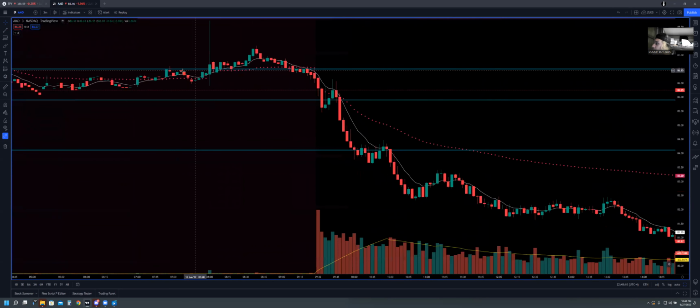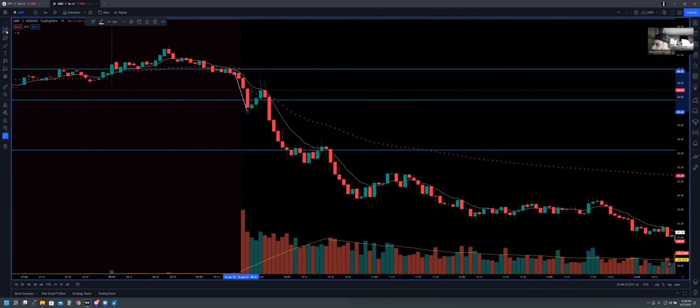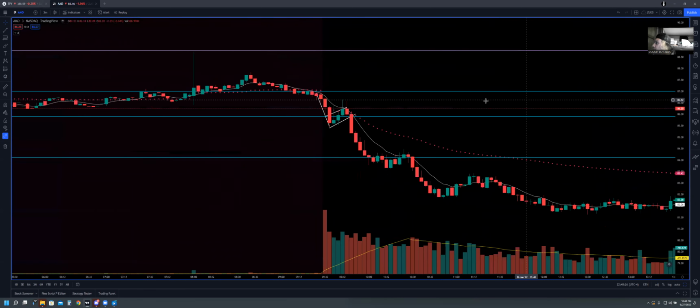Right here, same thing. AMD opened up below this pivot point. We set up a bear flag. This one's kind of ugly. You see how we're under the 9 EMA.